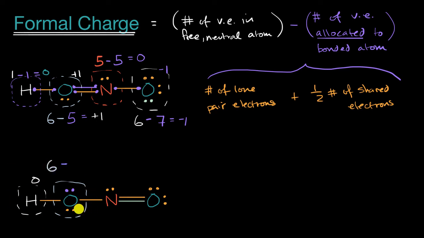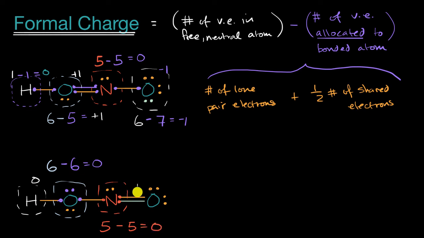The number of valence electrons allocated to this one is 2, 4, 5, and 6. So 6 minus 6 is 0, no formal charge. You can go to this nitrogen. Free nitrogen has 5 valence electrons. This nitrogen has 2, 3, 4, 5 valence electrons allocated to it. So minus 5, it has 0 formal charge.